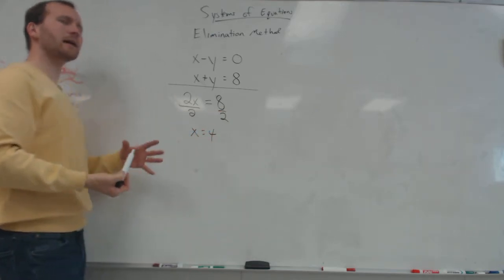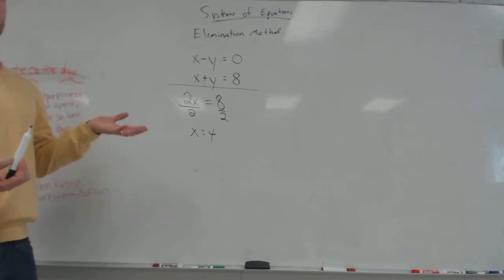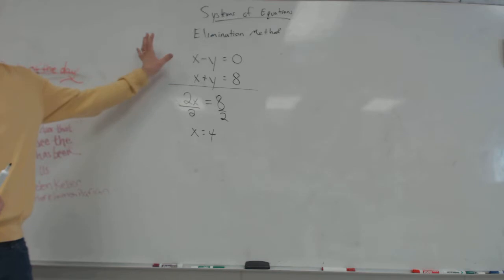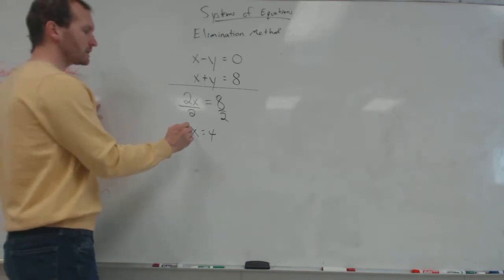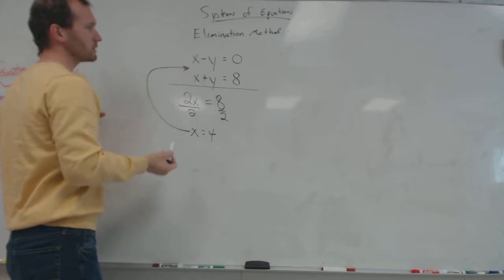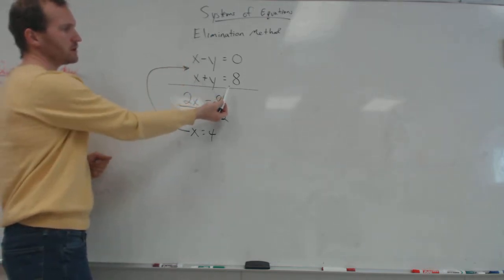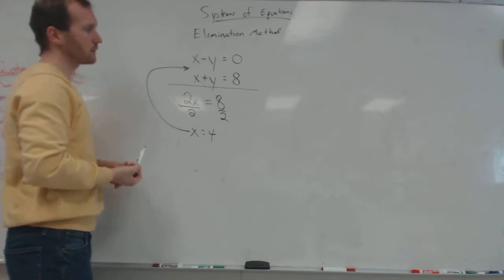To find y, it's the same procedure as before, except we don't already have an equation that says y equals. So what I have to do is take my x, and I can plug it into either one of these equations. Doesn't matter which one. Let's do the second equation here because there's no negatives.